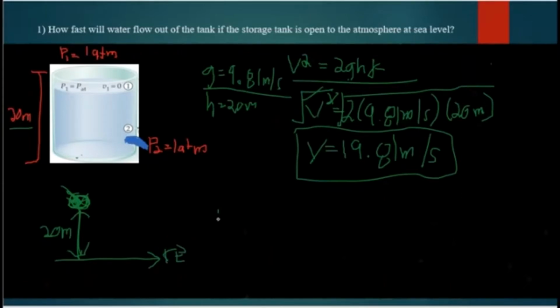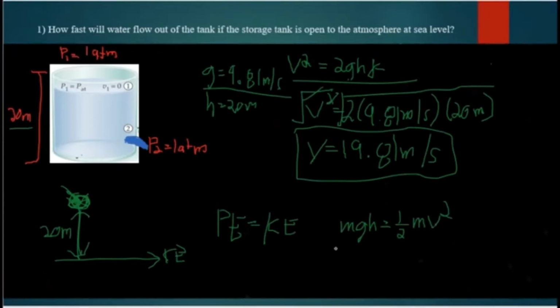So in here, we have potential energy is equals to kinetic energy. So if you remember, we will transfer the values of kinetic energy and potential energy, where potential energy is mass times gravity times height, and kinetic energy is 1/2 mass times velocity squared.